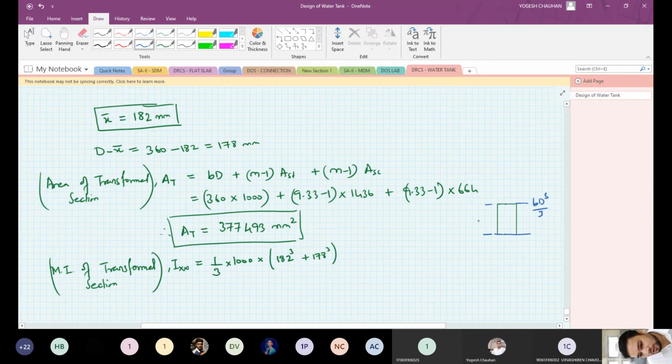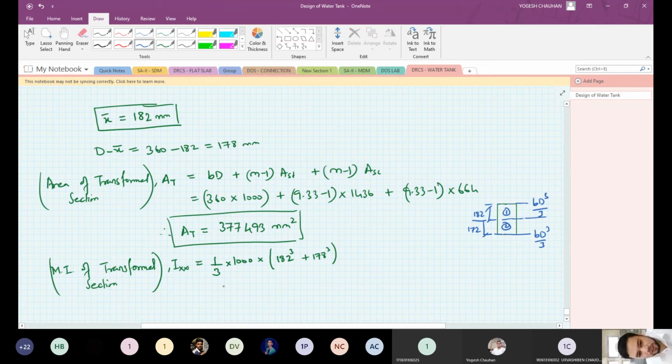Okay, so if I split my section into two rectangles, this is 1 and this is 2, so this is 182 and this is 178. So moment of inertia about the base will be BD cube by 3 for each.